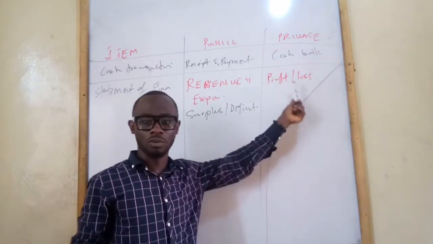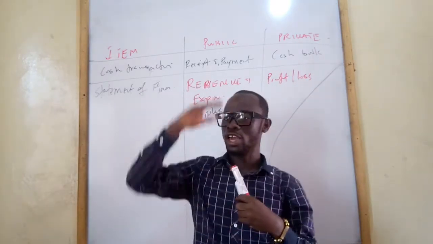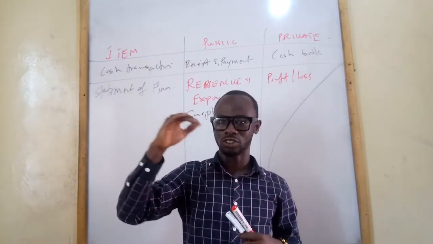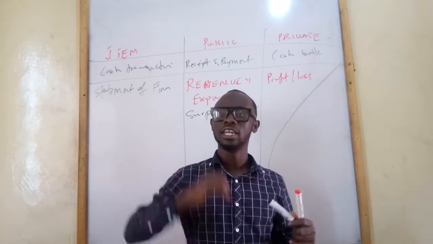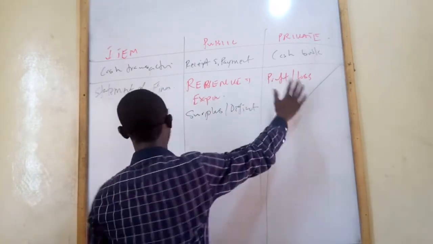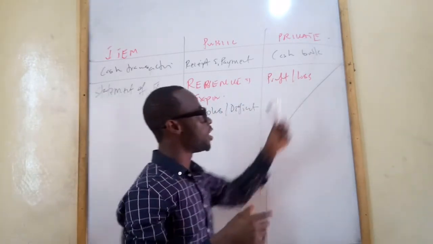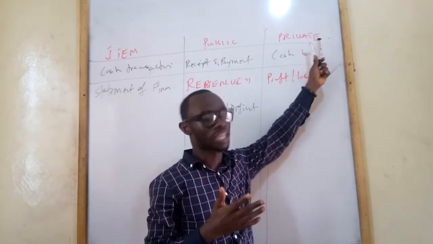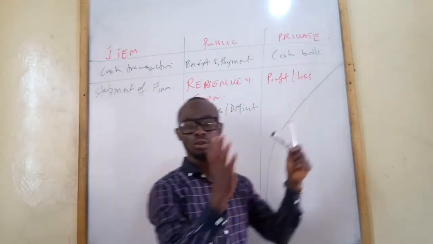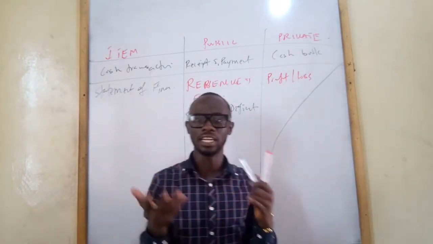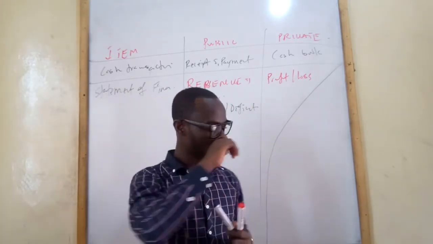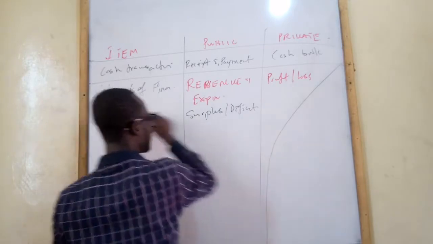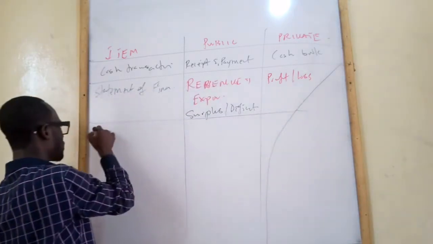You bring your revenue, less cost of sales, you get gross profit, you add other income, less all expenses, then you get your net profit. That is how it is prepared in the private sector. But in the public sector, we look at the revenue and expenditure, and the difference will either be a surplus or a deficit. Then the next thing is the statement of financial position.